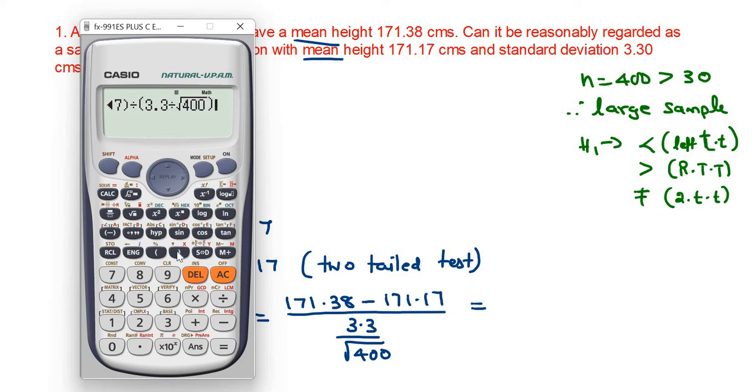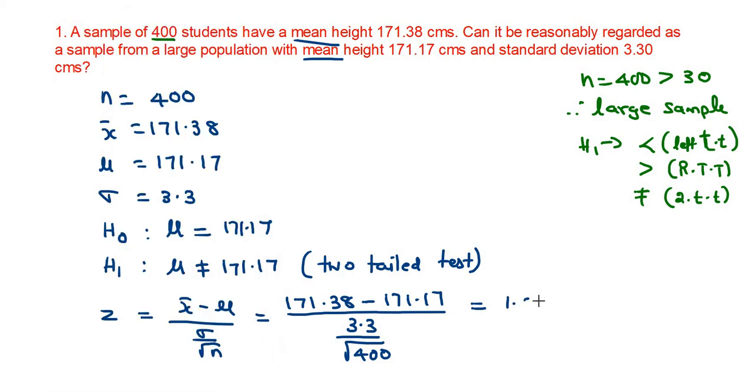Close the bracket now. If you put equal to, we are getting the answer 14 by 11 in fraction. So decimal, it is 1.272727, etc. So the value of Z is 1.27. This is our calculated value.